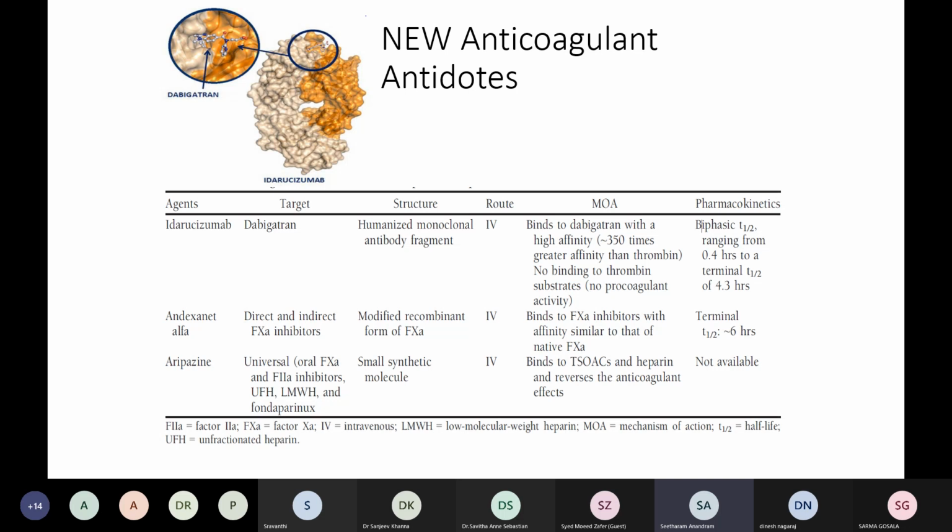The next one is andexanet, which is for factor Xa inhibitors and is not available in India. I personally don't have experience with this drug. And the other newer drug, which is a universal NOAC inhibitor, is ciraparantag, which again, I don't think is available in India.